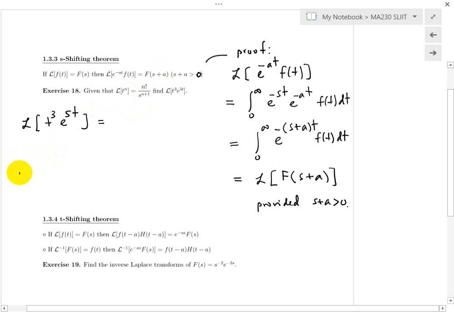So here when n is 3, the Laplace transform of t cubed is factorial 3 over s to the 4. So what is this then?